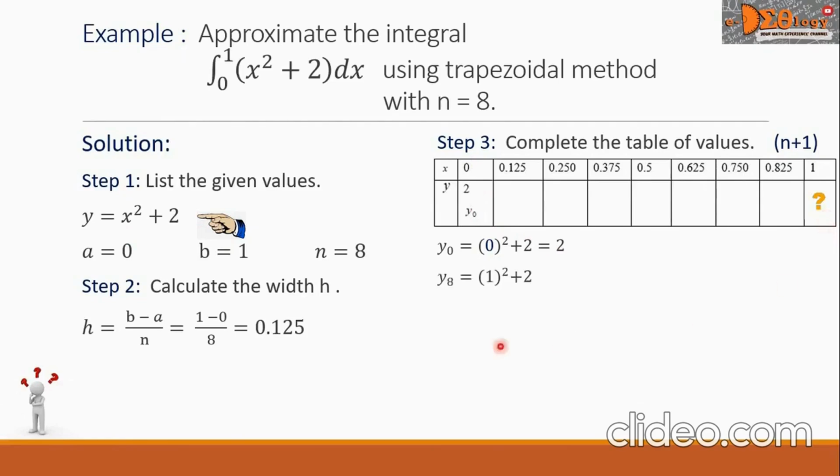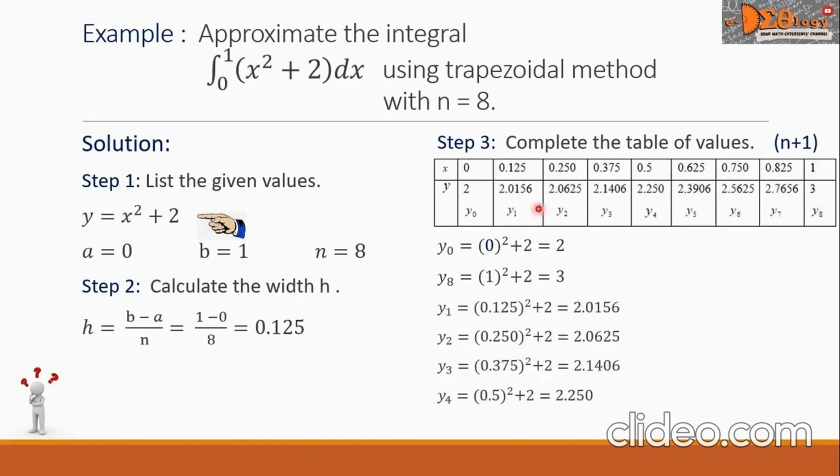That will be y sub 8, and the value of x is 1, so we have 1 squared plus 2. This is equal to 3, and we copy it here. That is the y sub 8. Now, we're going to fill the remaining values of y using this pattern. So it becomes like this.